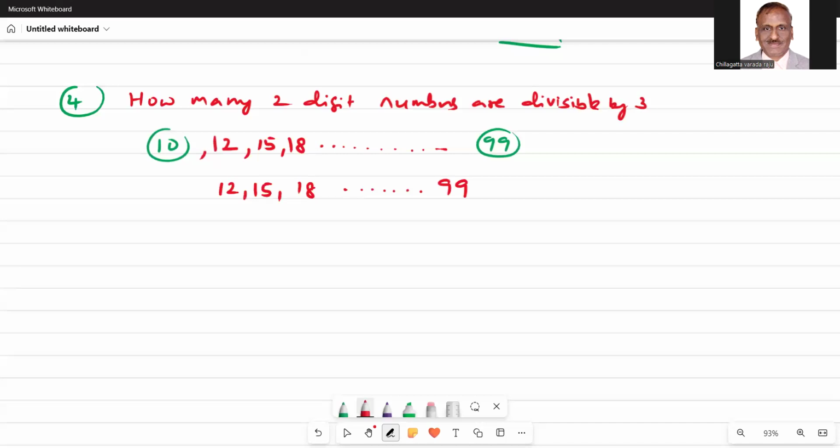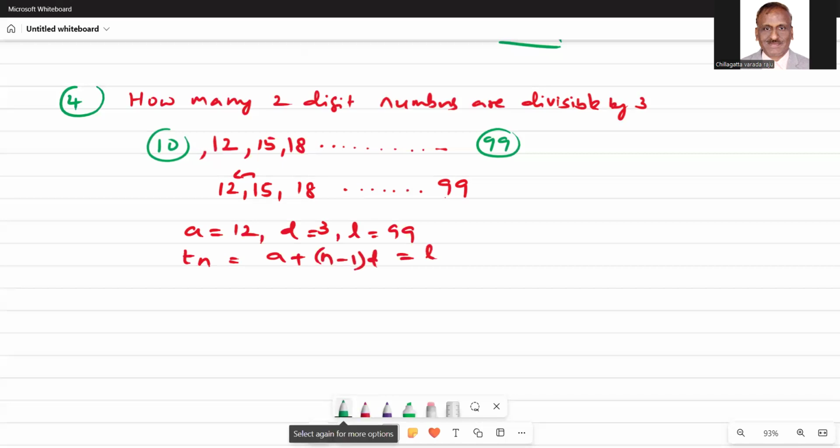How many 2-digit numbers are there from 12 to 99? Means again you need to find out n. So a is equal to 12. Common difference d is equal to, it is a multiple of 3, means d is 3 only, no? And l is equal to what? 99. So we will use the formula Tn is equal to a plus n minus 1 into d is equal to l. So what is your a, you substitute there.